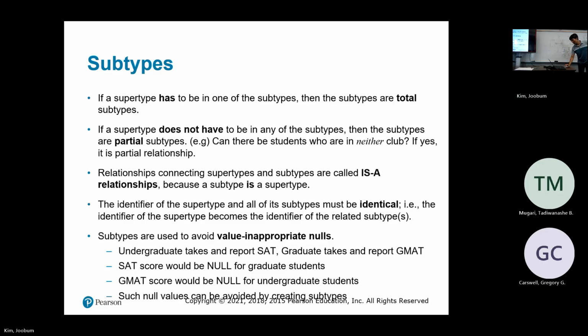Okay? And the relationship between subtype and supertype is called an is-a relationship. In other words, an inheritance relationship. Okay. In OOP programming languages, the inheritance concept is used with an is-a relationship.